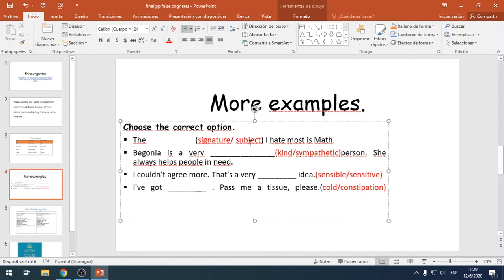There is the importance of knowing vocabulary related to false cognates, because most of the time you tend to make a lot of mistakes with these words if you don't know the meaning. So signature is una firma, but you tend to confuse signature with materia. So you have the word signature, that is firma, and you have the word subject.